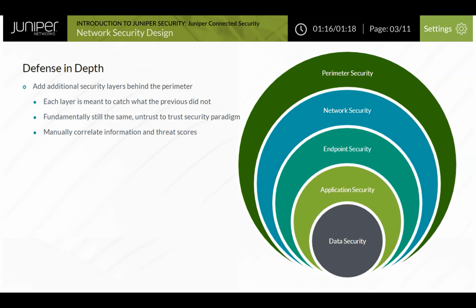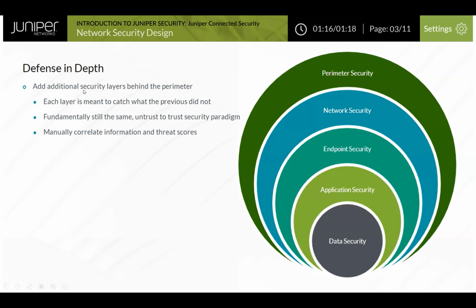There are multiple levels. If one level fails, another level comes and checks the security risk. If it finds any malware or any unwanted packet, then that packet will be dropped. So this is called defense in depth.